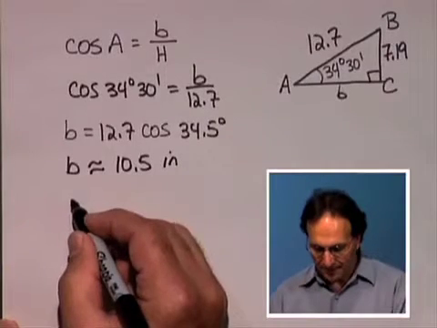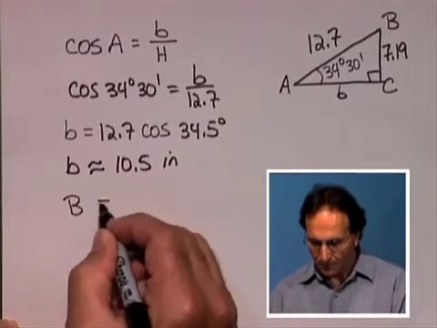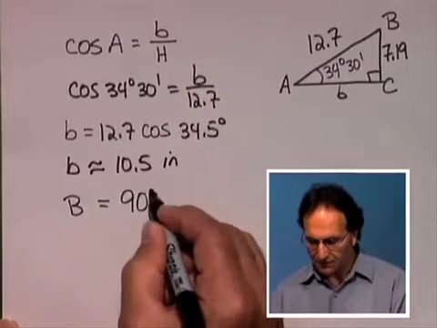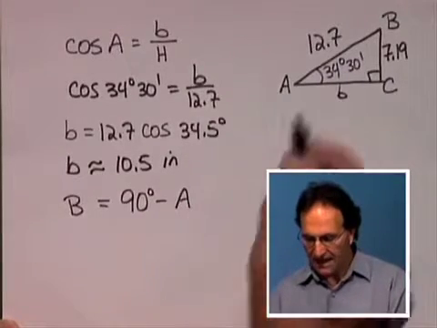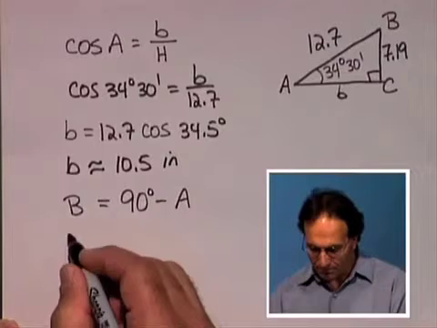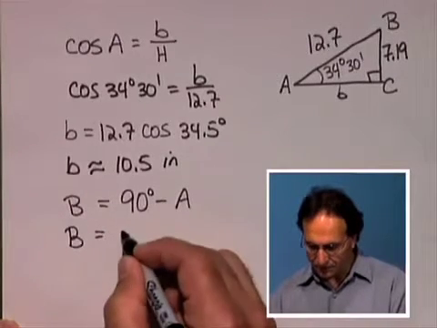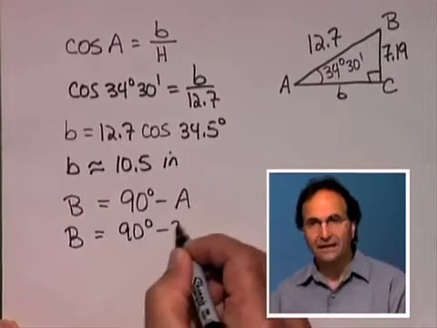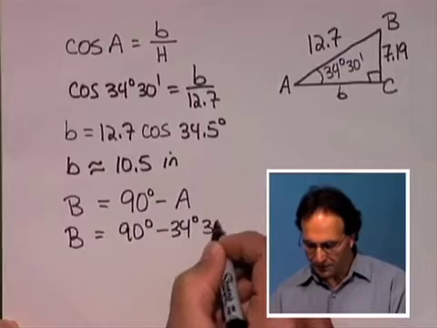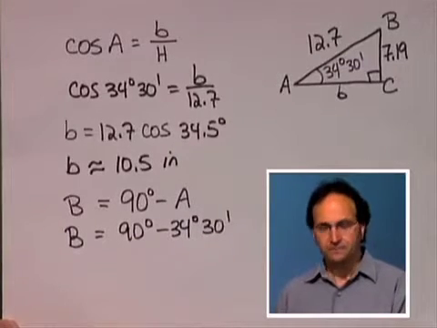The only other information that we need to find in this triangle would be the angle B. And angle B would be equal to 90 degrees minus angle A. So B would be equal to 90 degrees minus 34 degrees, 30 minutes.